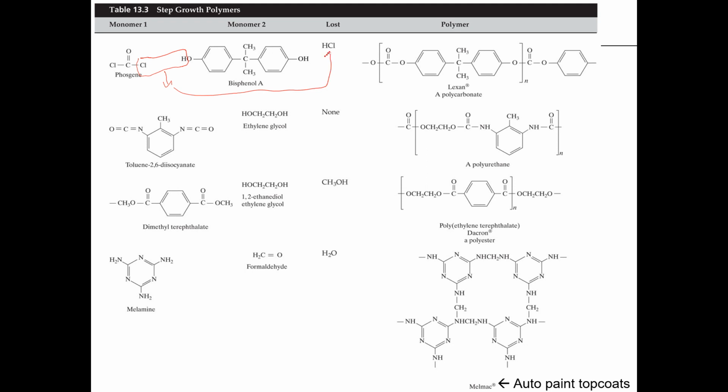Here's the HCl is lost. And so then you have this is the bond that's formed. And that's Lexan, a polycarbonate. Okay, but that's not necessarily something in our dishes or whatever.